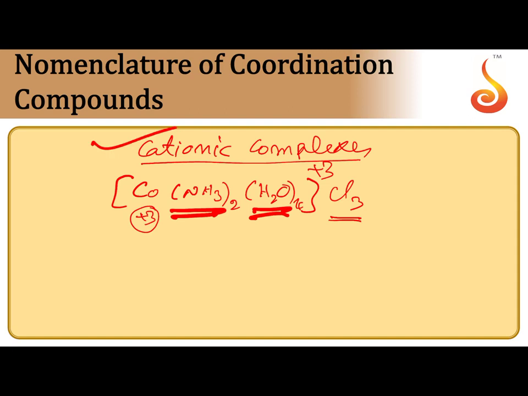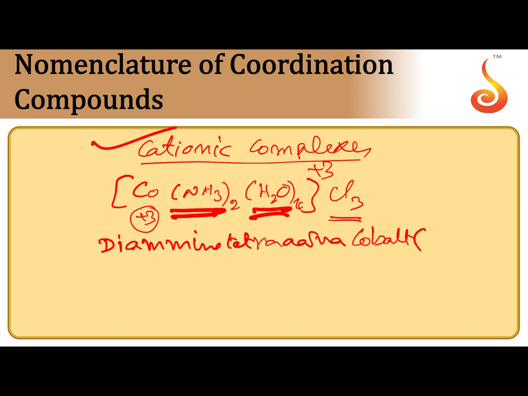First you write the names of ligands in alphabetical order by mentioning their number. So diammine, since two ammonia ligands are there. 4 aqua, tetraaqua. In alphabetical order you have to arrange tetraaqua. After that the central metal atom is cobalt.